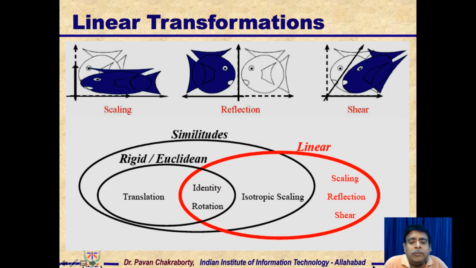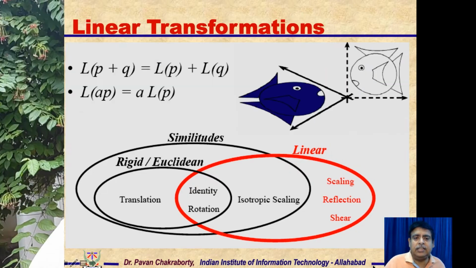The only transformation that does not fall under linear transformation is translation. Linear transformation, linear equations are important topics in many fields, be it machine learning, computer vision, control system, and even in graphics. Linear systems play an important role.